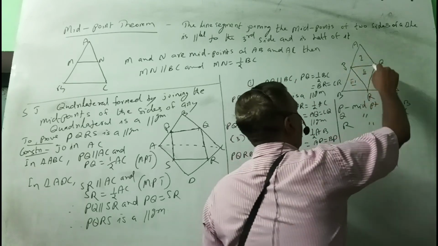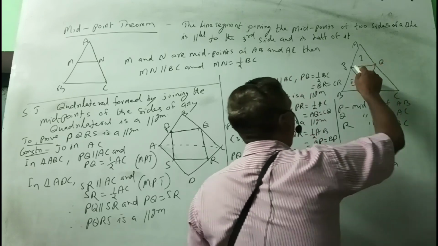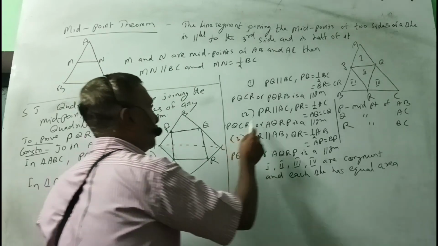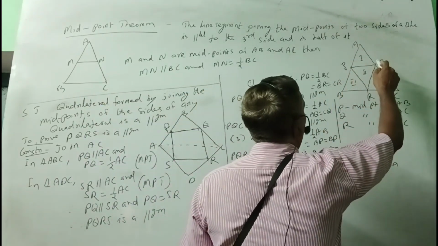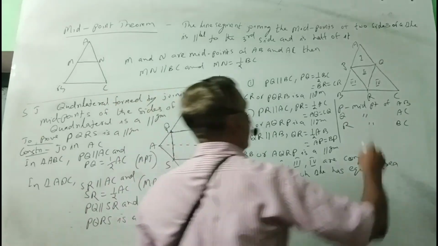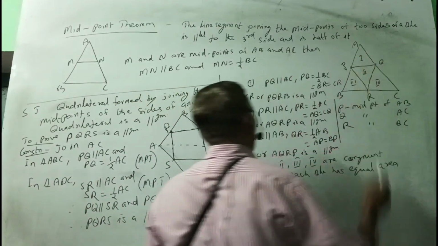So this is a parallelogram as well as this one. Two parallelograms are forming at the same time: PQCR, already written above, and the second one is AQRP, which is also a parallelogram.